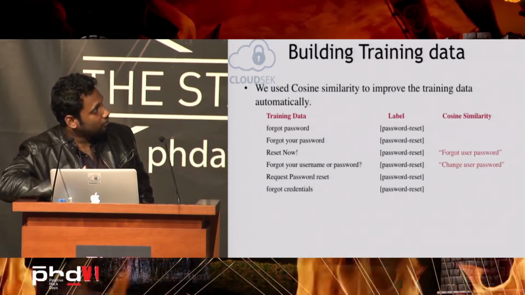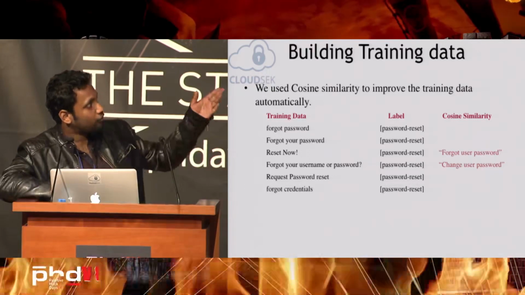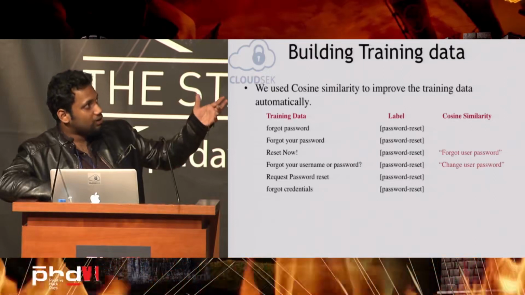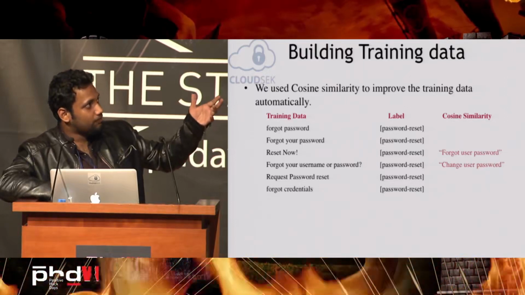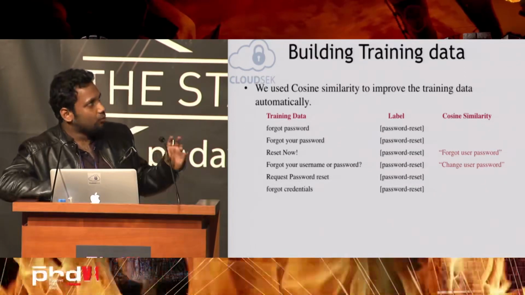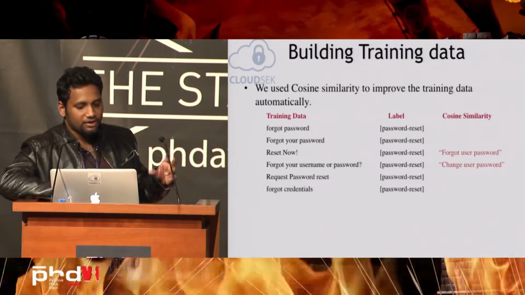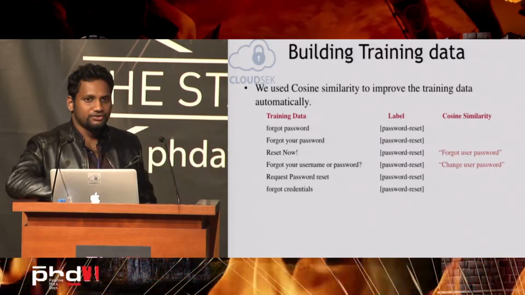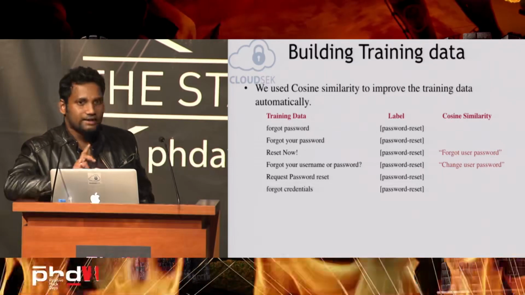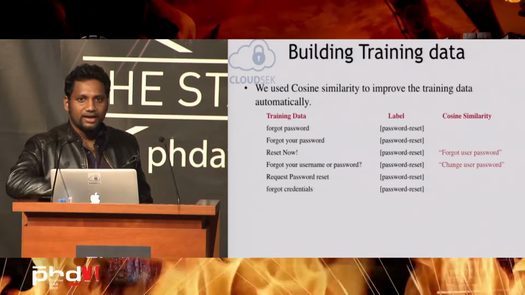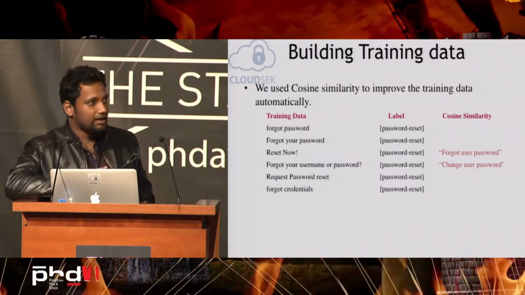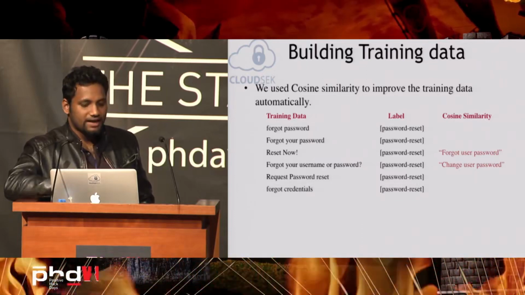If the sentence "forgot your username or password" is already there in our training data, and it encounters "forgot user password", which is similar but altogether a different sentence, we used the cosine similarity to measure the similarity of these two sentences. If it fell in any of those label data, we automatically started adding it to the database. This way, our training data kept improving over and over again as we scanned more applications.